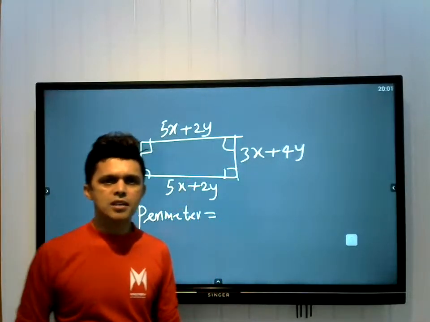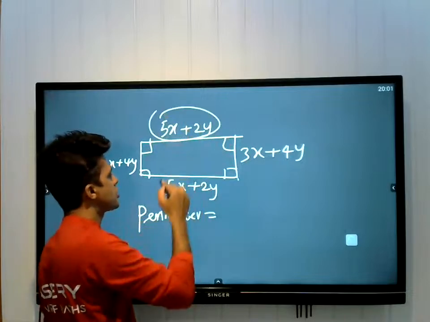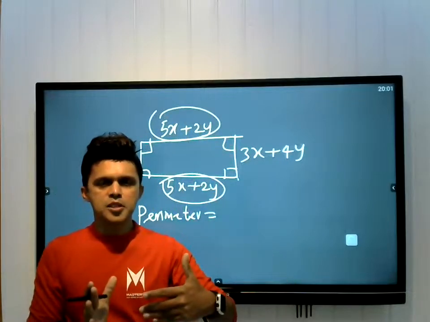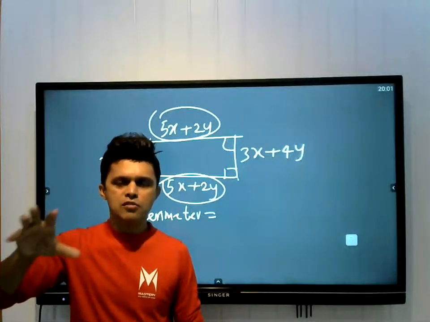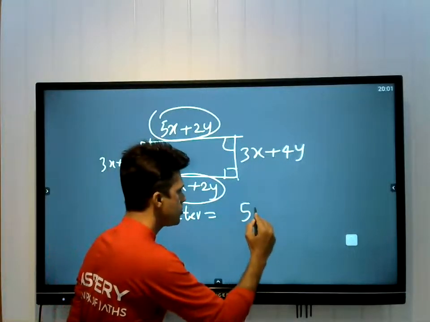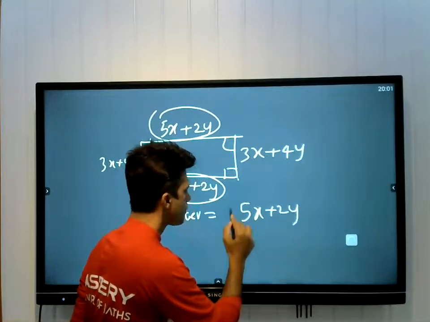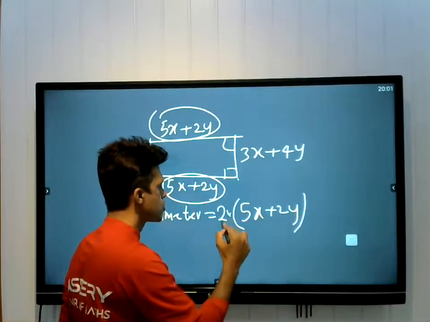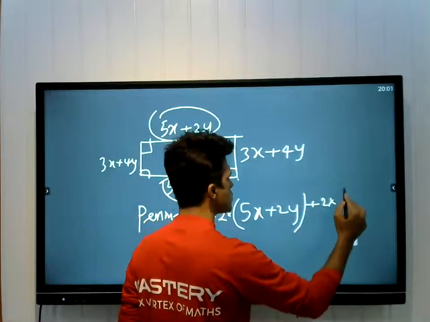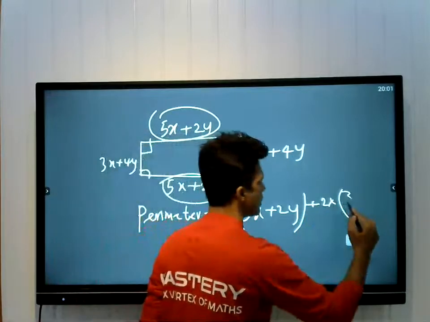What you want to do here: 5x plus 2y, 5x plus 2y, two same expressions you are able to see here. So 2 into (5x plus 2y), then 2 into (3x plus 4y).